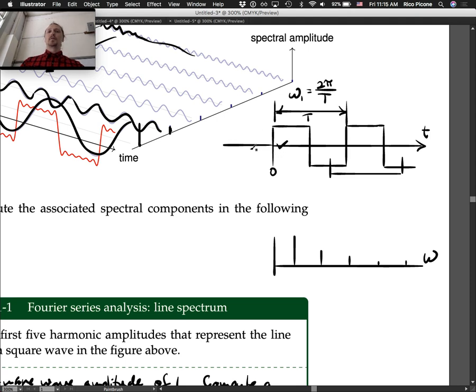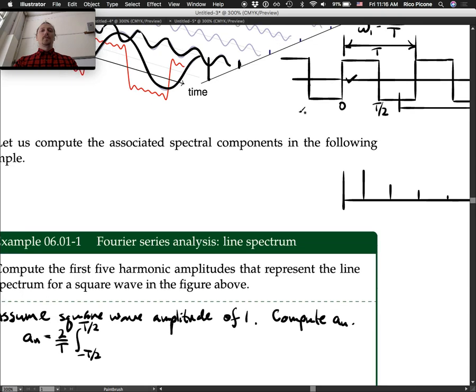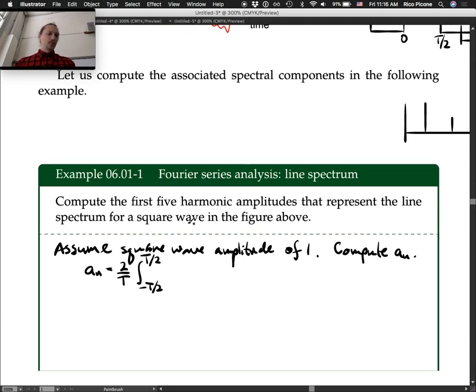If you choose from negative T over 2 to positive T over 2, so this is T over 2, right? Then you get just 2 intervals. So there's usually a more convenient period to integrate over, so I would just choose that accordingly. Whatever's easiest is my motto.